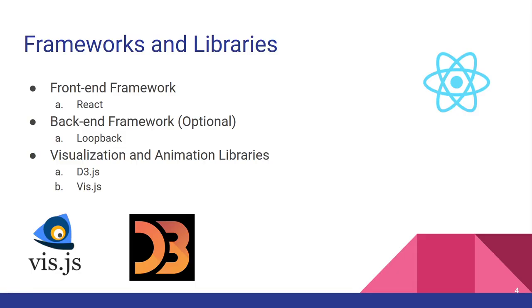That can be hard, and we would rather take advantage of those useful libraries. Here are two candidate libraries. One is called D3.js, and another one is called Vis.js. Both of them are JavaScript visualization libraries, which make our implementation much simpler and also significantly shorten the product delivery time. And next slide, please.